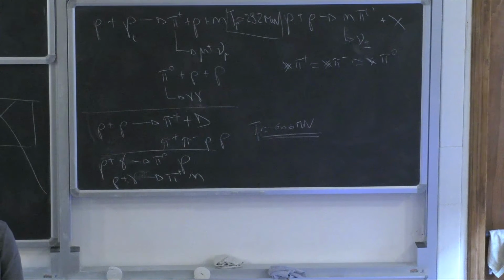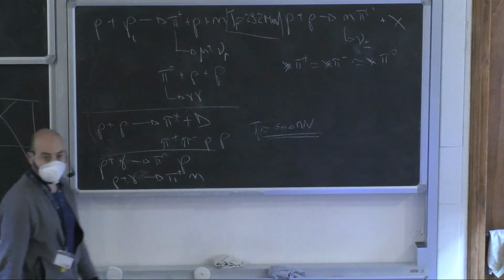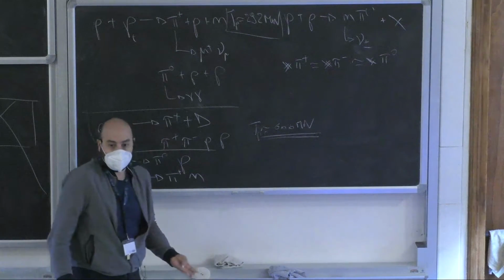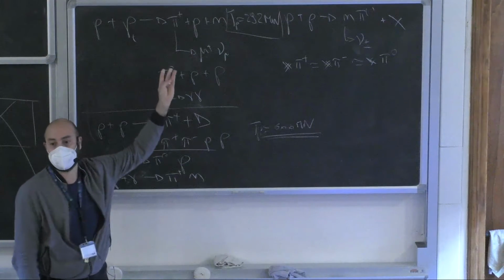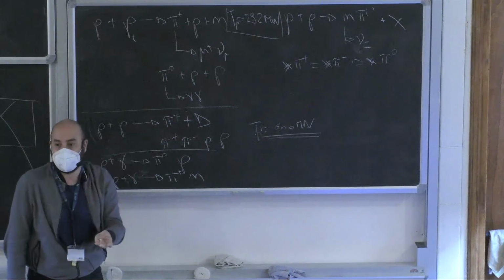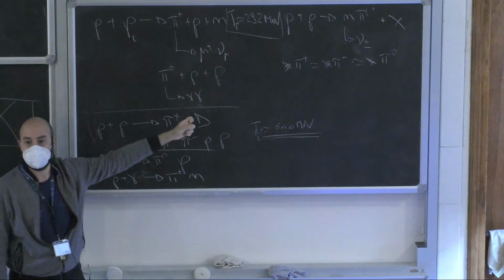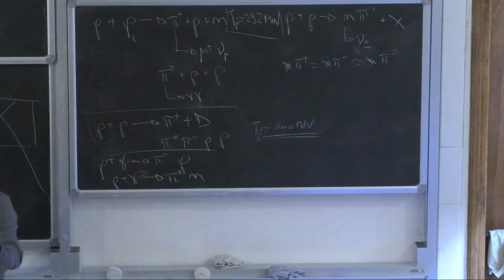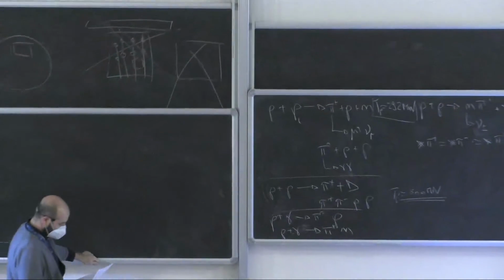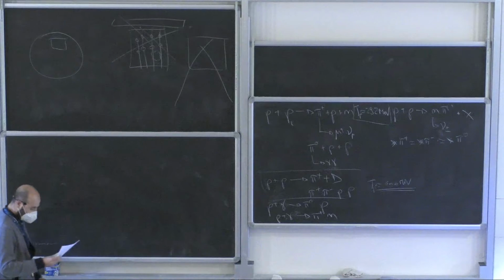Now, let me tell you about some features of these spectra. What we can see at the Earth is not the pions that are produced at the sources. What we can see at the Earth are eventually these neutrino spectra and these photon spectra. So let me be a little bit more technically precise on what features of these spectra we could expect, and let me start with the neutral pion.